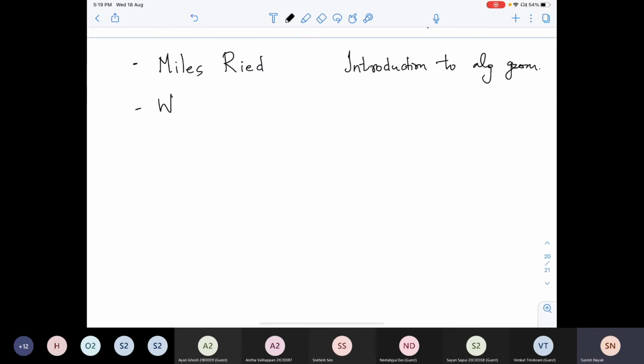One, I think the author is Miles Reid. I don't know the spelling, R-I-E-D or R-E-I-D, I don't remember. And the title should be something like Introduction to Algebraic Geometry, maybe. There's a similar book by William Fulton.